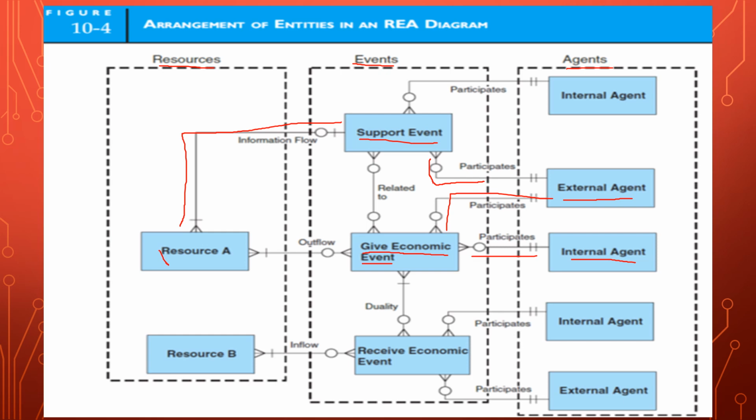And then we also have a supporting event related to the give economic event, and then we have the external parties. When they send the cash payment, we will have a receiving economic event, and the one who receives is the clerk, the internal agent, who receives the cash and deposits it to the resource bank account.